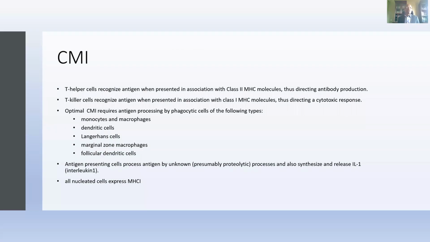Now, the final one is cell-mediated immunity. Two things I'm going to mention. There are 2 types of cells involved with cell-mediated immunity, which is the second arm of the adaptive immune system.